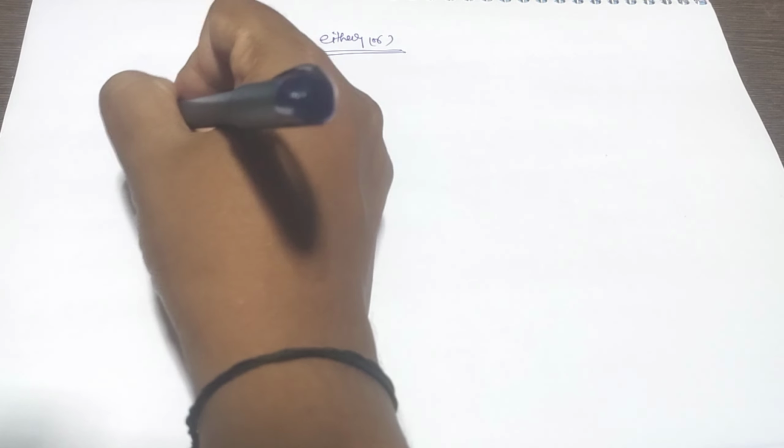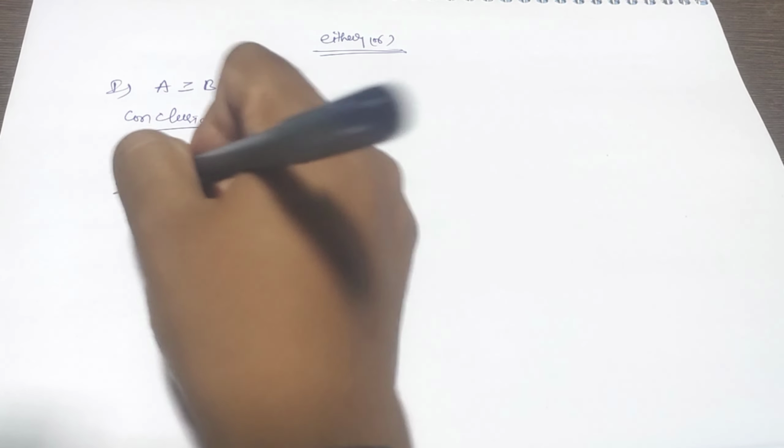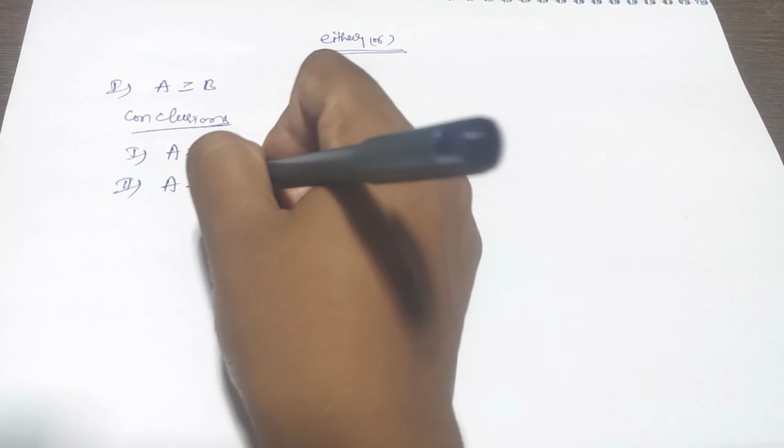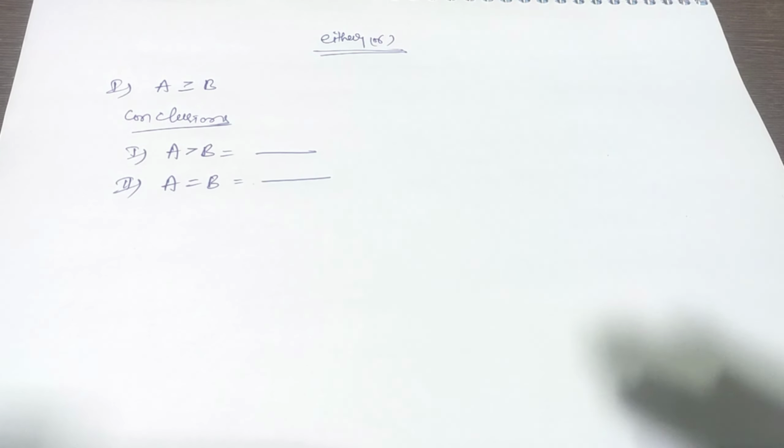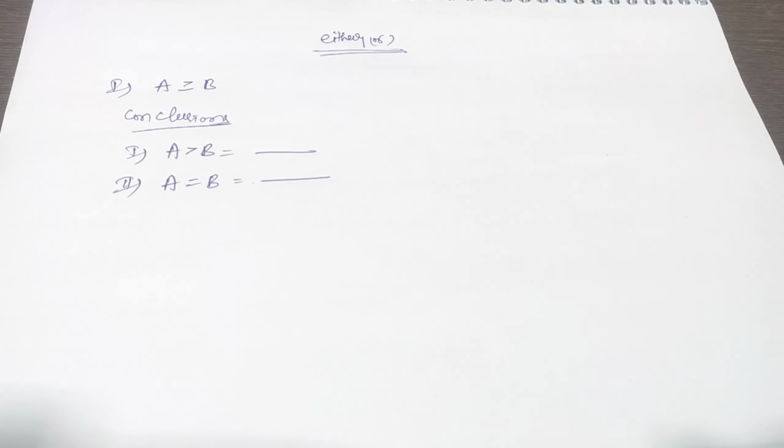Now suppose they have given A is greater than or equal to B as the statement in the examination. The conclusions are A is greater than B, and another one, A is equal to B. First, solve the conclusions separately.